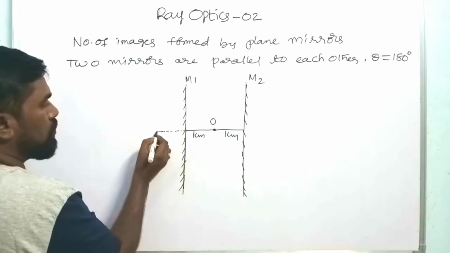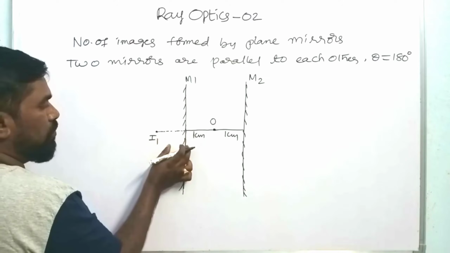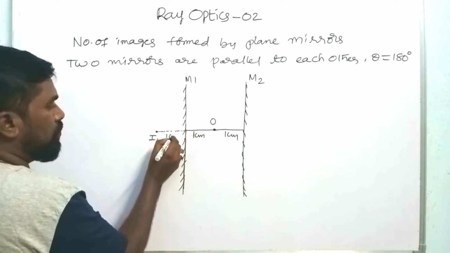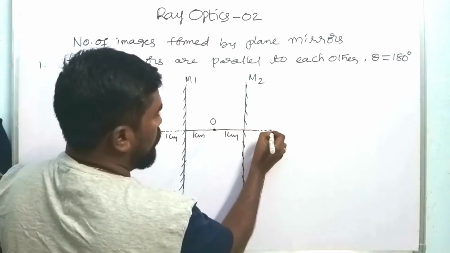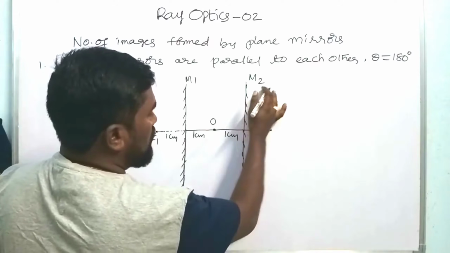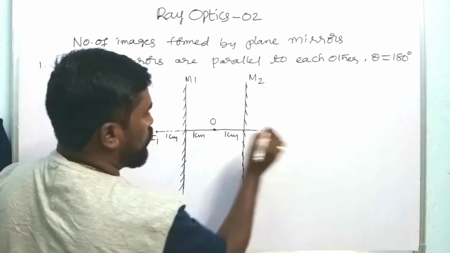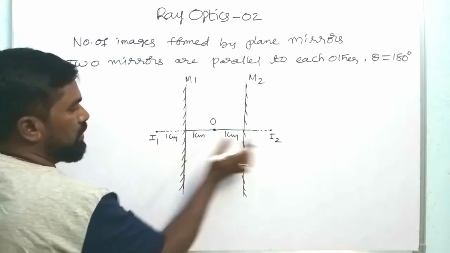Already know that. So here this is the first image of the M1 mirror at a distance of 1 centimeter, and also here this is the first image of the second mirror, that is image 2. This is image 1 and this is image 2.